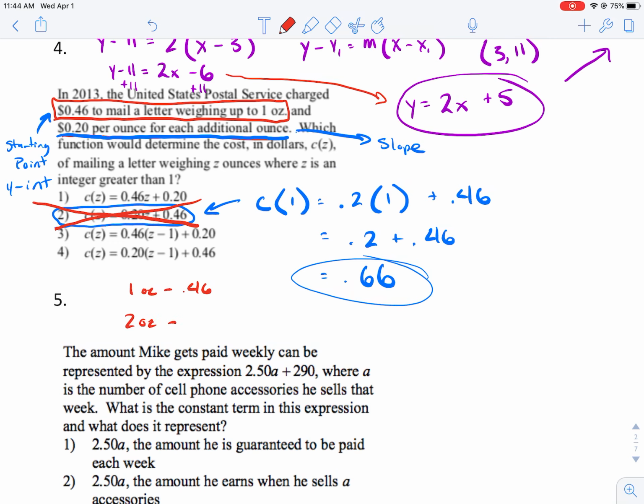Okay, so let's think about this. At 1 ounce, we're getting charged 46 cents. And at 2 ounces, we're getting charged 66 cents.